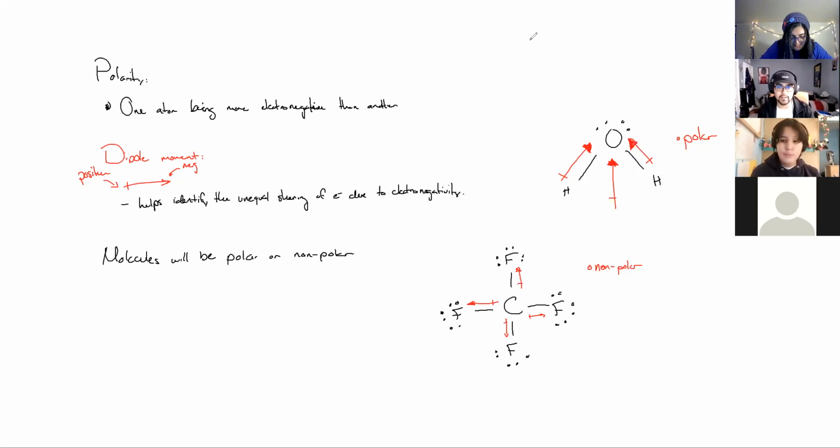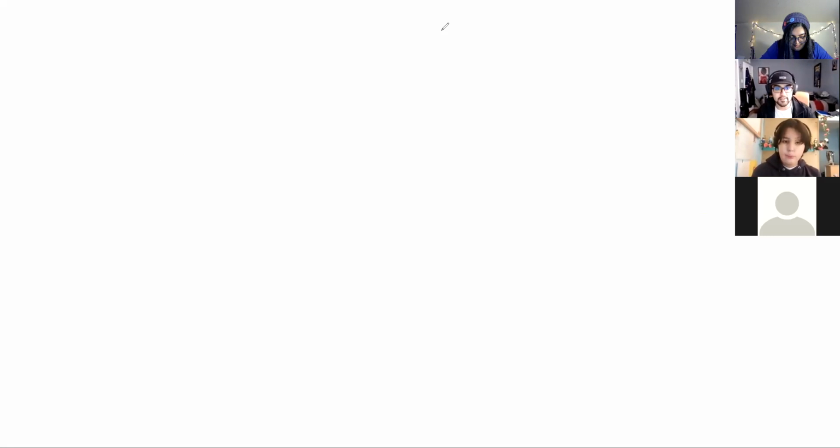Let me clear the drawings and let's do CO2 again, like we did last time. How do our dipole moments look here? Where is my arrow going to point for the oxygen and carbon?